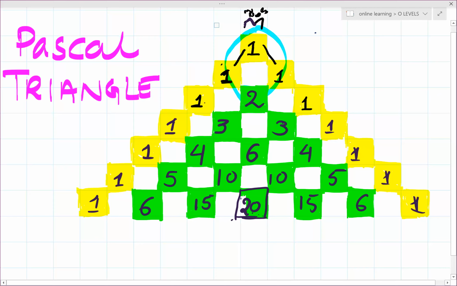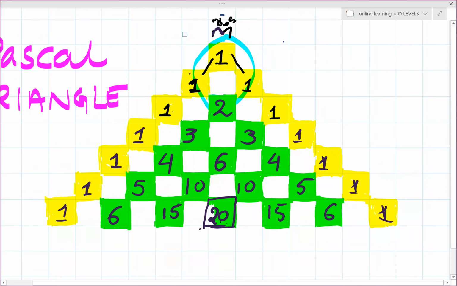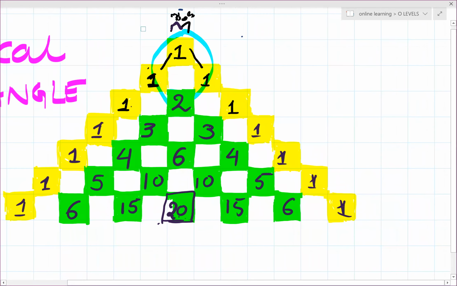Now, how can we use it to solve the binomial expansion? Monitor closely. This is level 0. So if we have an expansion like this to the power 0, anything raised to power 0 is 1, right? The first binomial expansion has been solved.